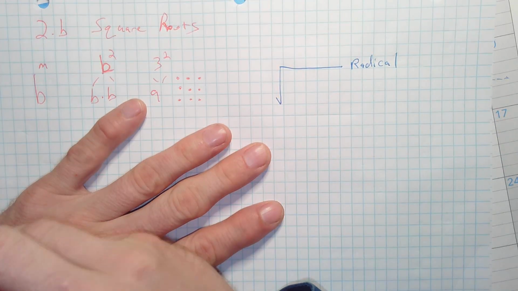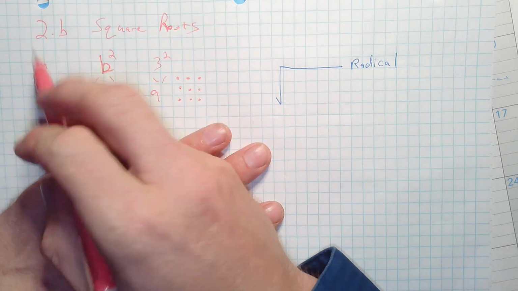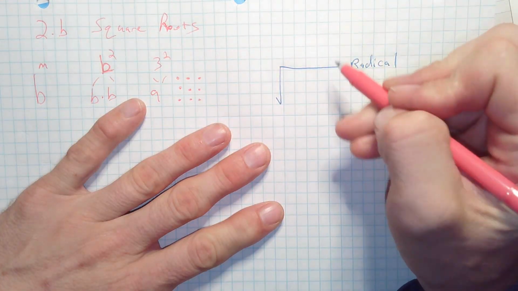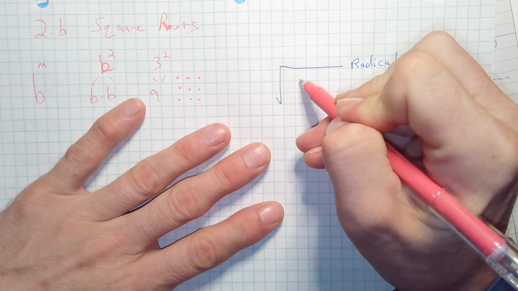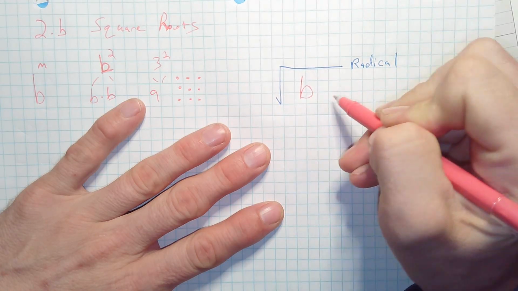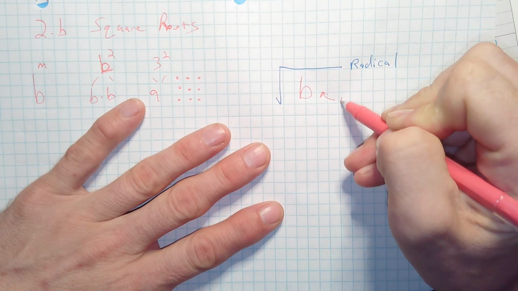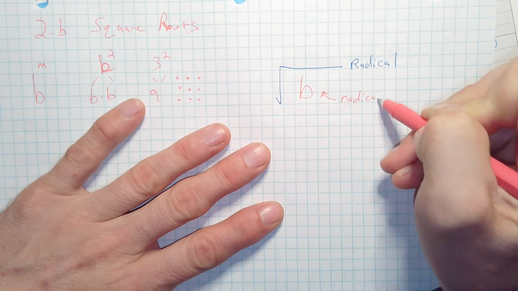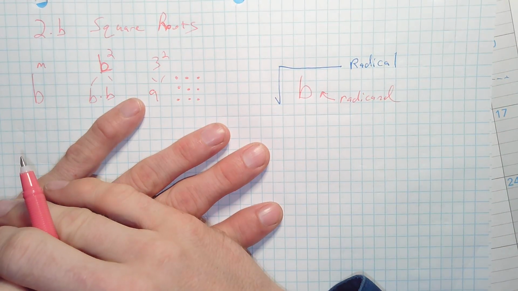I didn't use e. You can use m, just don't use e because e is a special number. This has a radicand. b is the radicand. Okay, that's the radicand.